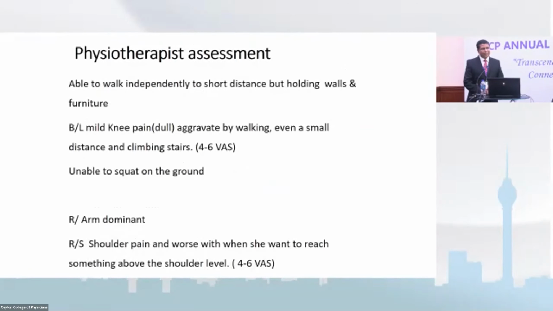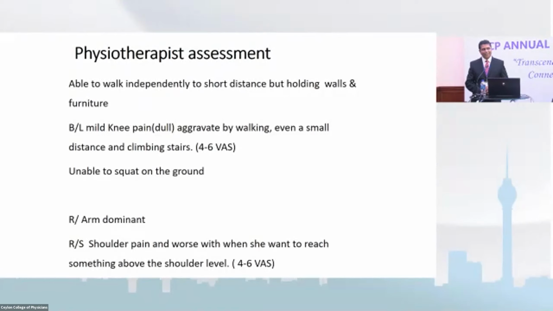Now, I said this patient was fortunate to get the input of a multidisciplinary team, and I was able to get the help of the physiotherapist to assess her regarding falls. The physiotherapist did her assessment independently.